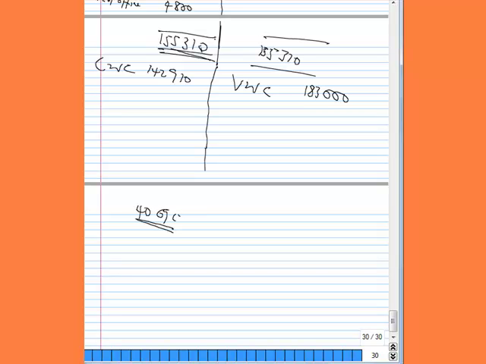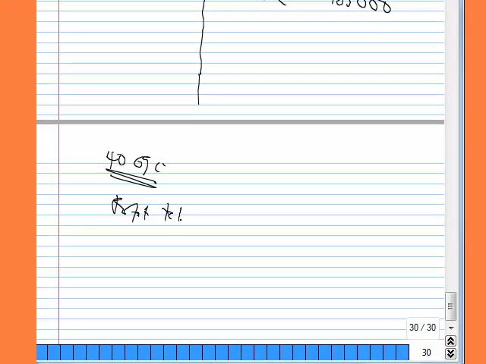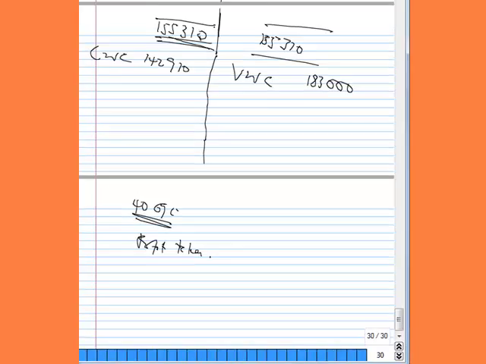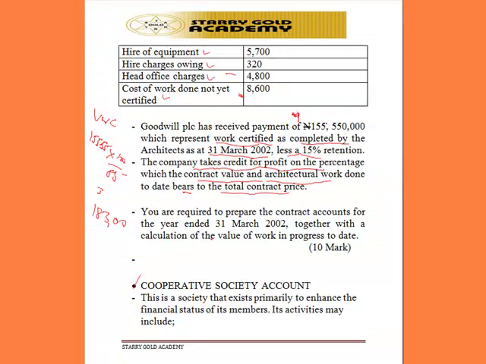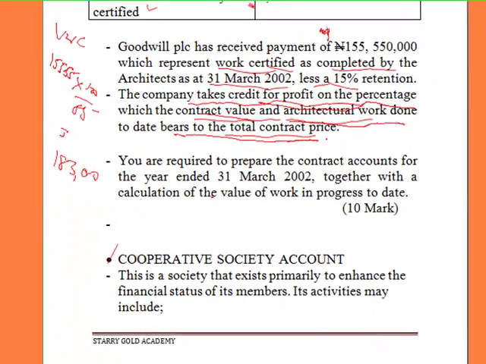That's the total profit. Now, for the profit taken in the period, each company has its own policy. Let's look at the policy of this company. The company takes credit for profit on the percentage which the value of architectural work done to date bears to the total contract price.